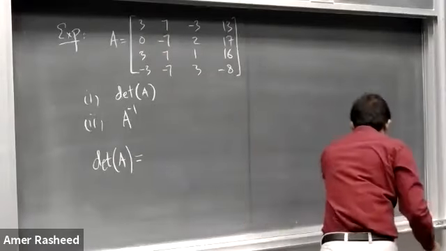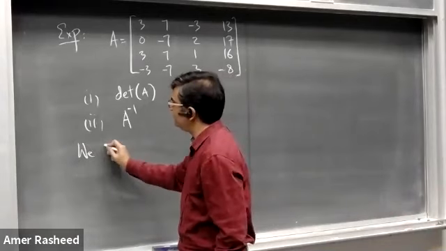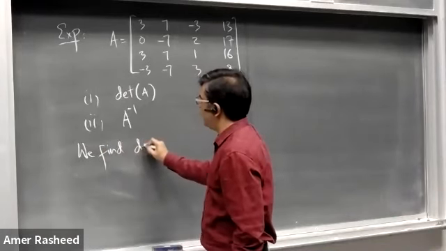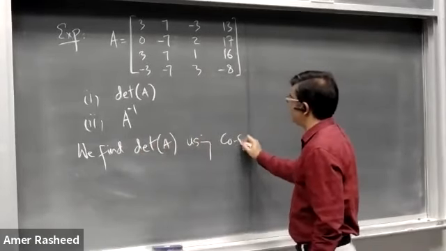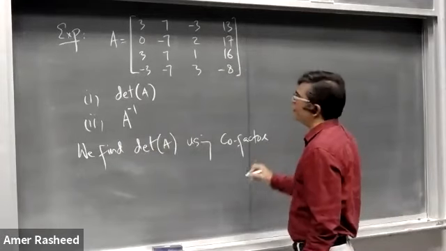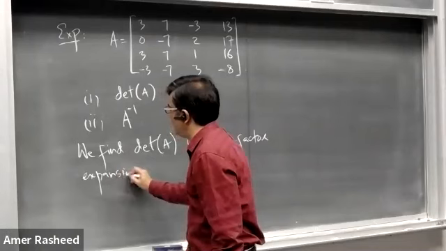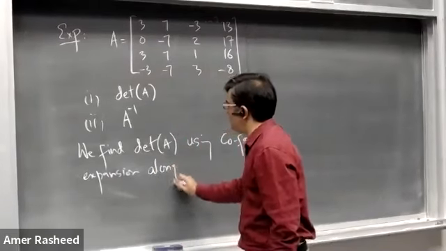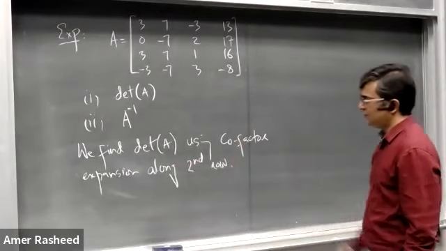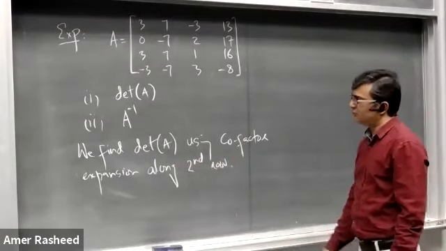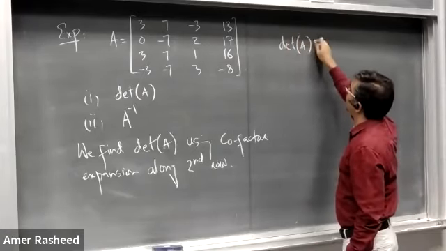Okay. You also explain here that we find determinant of A by computing cofactors using cofactor expansion along second row. So determinant of A is what?